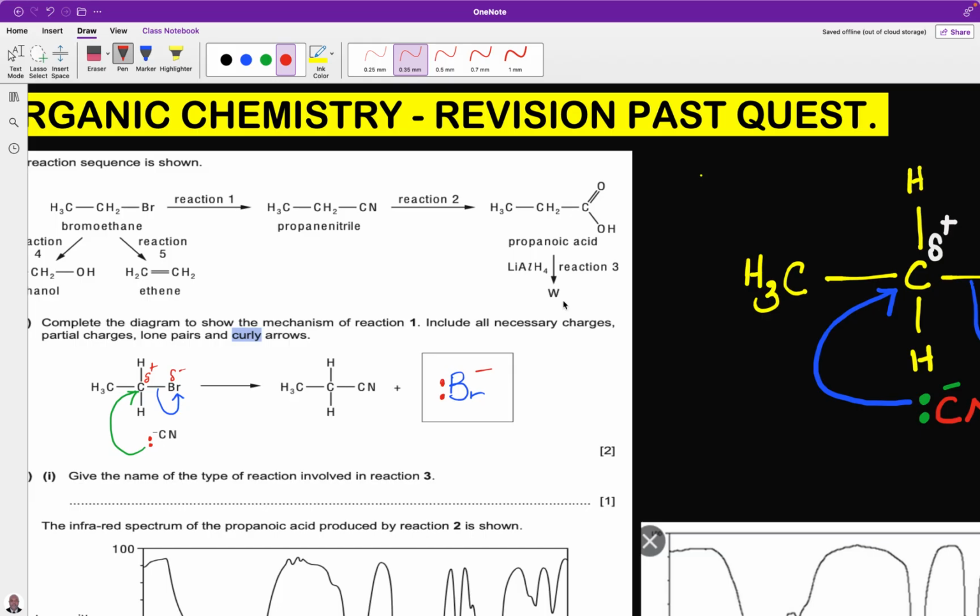And in a reduction reaction, primary alcohols are reduced to aldehydes.